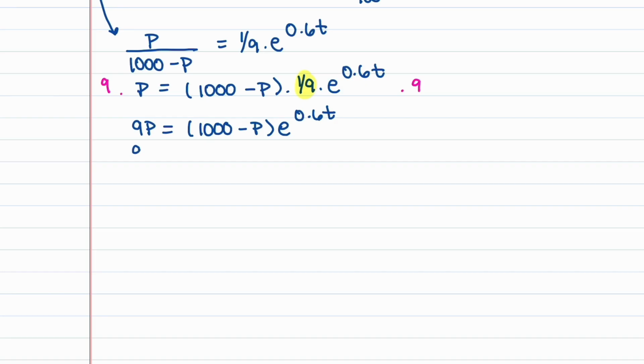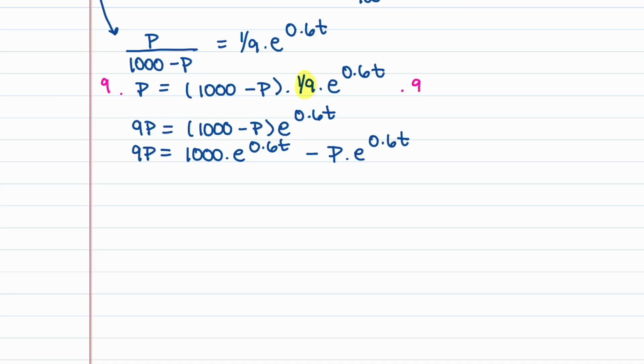Now we're going to multiply through on our right side. This gives us 1,000 times e to the 0.6t minus p times e to the 0.6t. Hang with me, we're almost done. Let's pull the p on the right to the left.